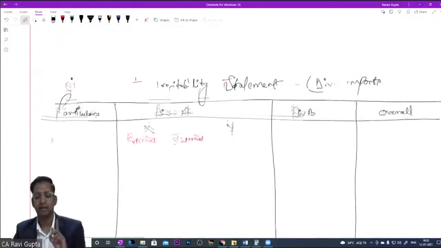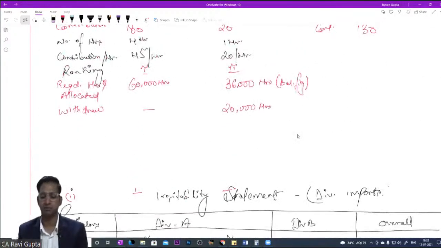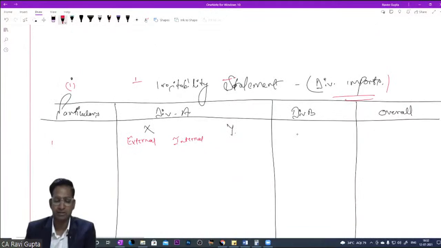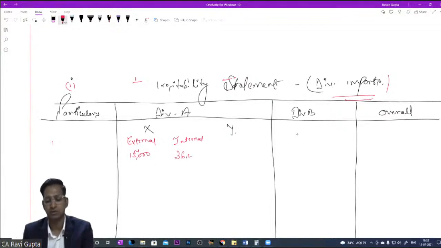But here in the first situation, we are not doing the internal transfer. All the division B requirement is being imported. There is an imported component being used. So external sales, we have 15,000 units and 36,000 units.